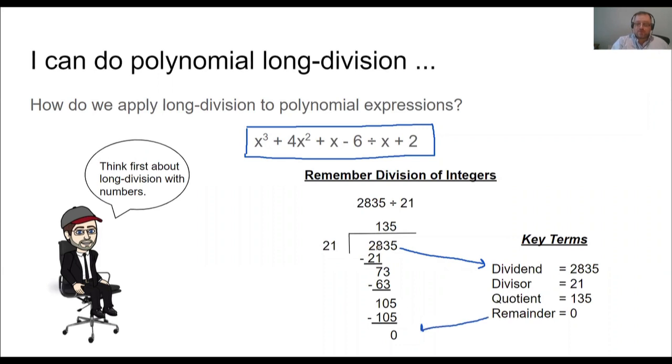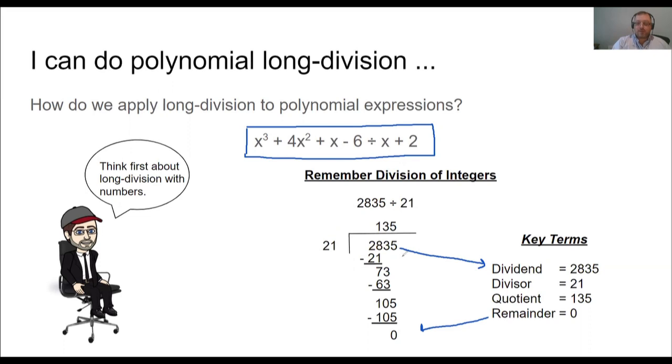And if you remember, you first look at the 2 and say, well, 21 won't go into 2, but 21 will go into 28 one time. Well, then you wrote 21 down here, but really what you did is you took 1 times 21, and then you put the 21 in there, and you subtracted and got 7. And then what you did next is you took that 7, and you looked at it for a minute.